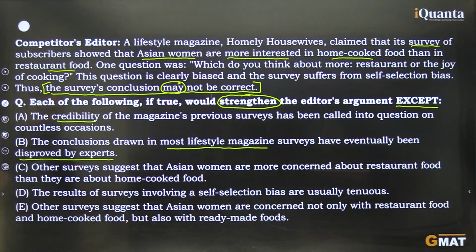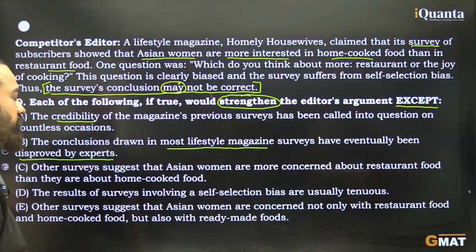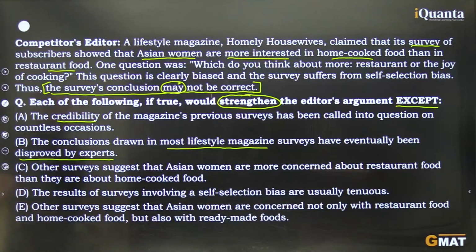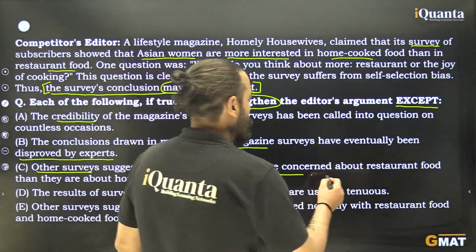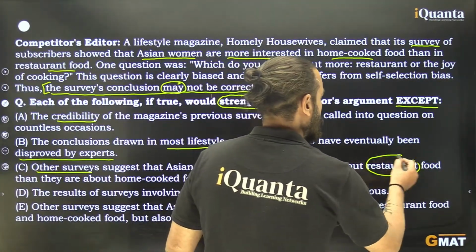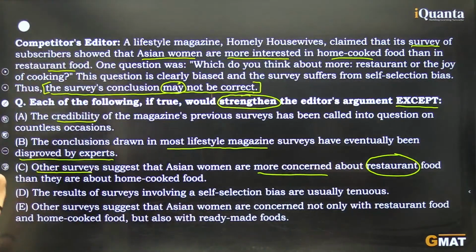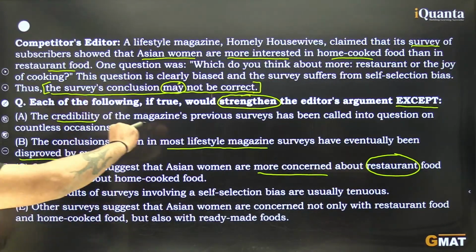Okay. C says, other surveys suggest that Asian women are more concerned about restaurant food than they are about home cooked food. We're talking about other surveys suggest they are more concerned about restaurant food than they are about home cooked food. And what does the survey say?